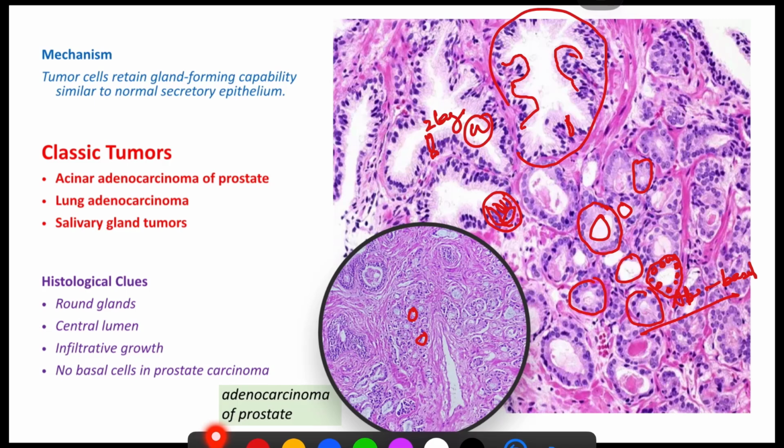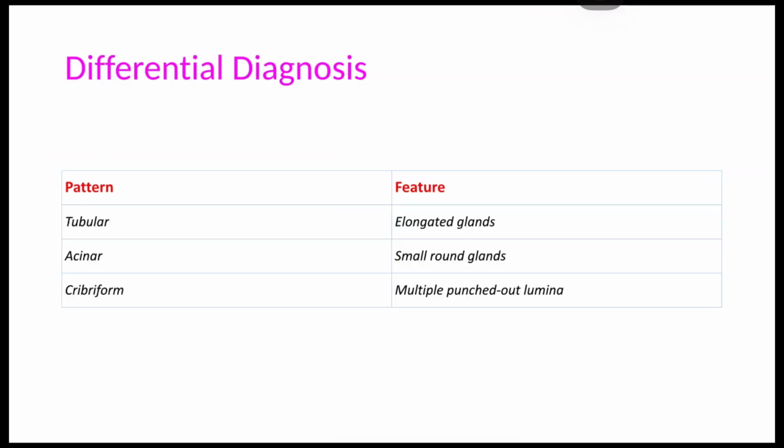Histologically, round glands, central lumina, infiltrative. So here you can identify, see, this is the normal prostate area, and these are the infiltrative acini, and yes, absence of basal layer in the prostate carcinoma.